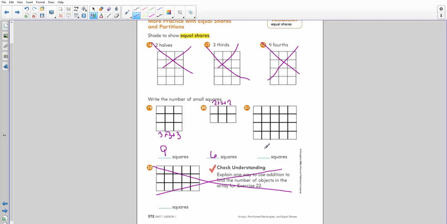Over here in this one, I have 15. How do I know? Well, I have 5, 5, 5, and 5. So I'm going to add 5 plus 5 plus 5 plus 5, which, whoa, that isn't 15, Mr. Fredericks. It's what, everybody? That's right. It's 20. Even Mr. Fredericks makes mistakes sometimes.